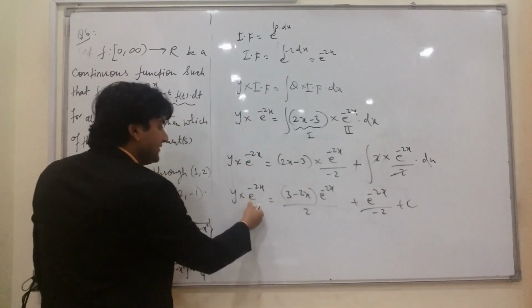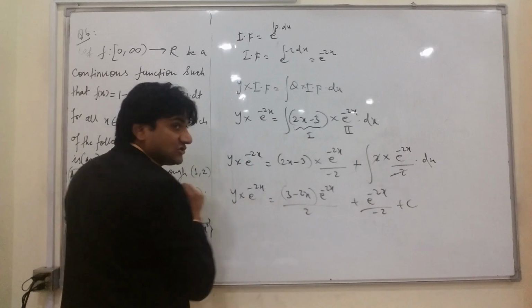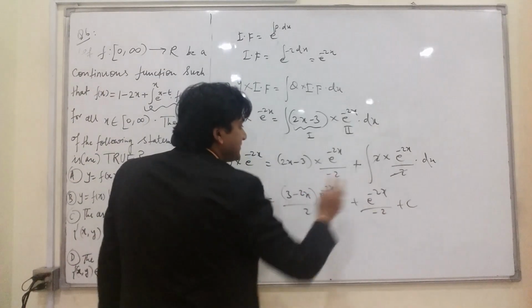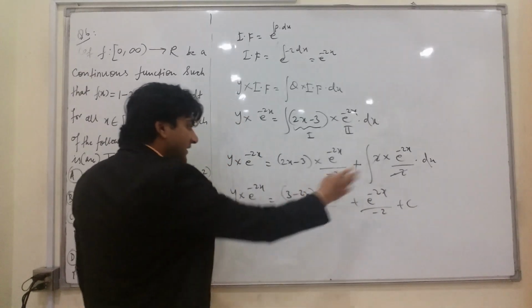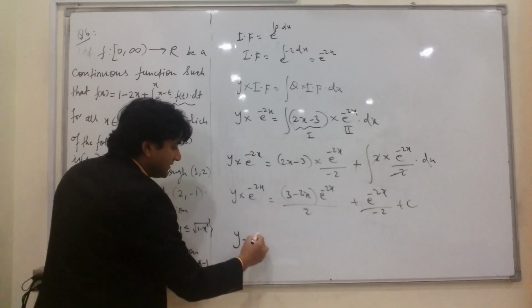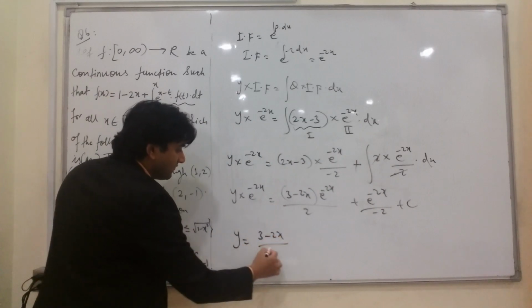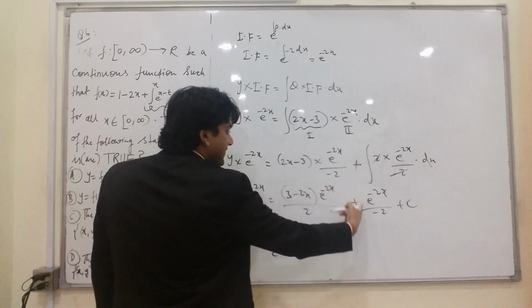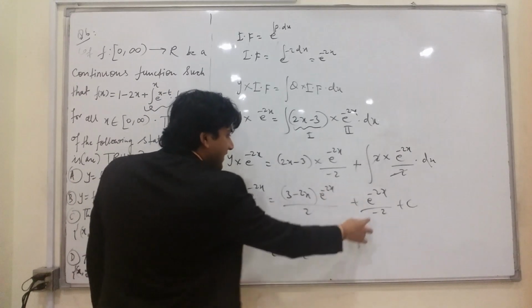Now I will divide both sides by e raised to minus 2x, because I have e raised to minus 2x over here, over here, and over here. So what will I get? y equals 3 minus 2x over 2. This e raised to minus 2x will cancel, this is also cancelled. You will have a minus half.